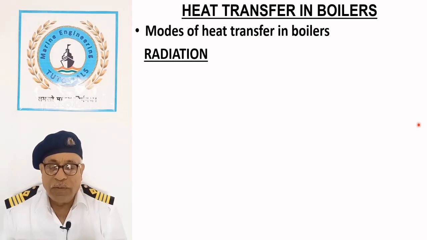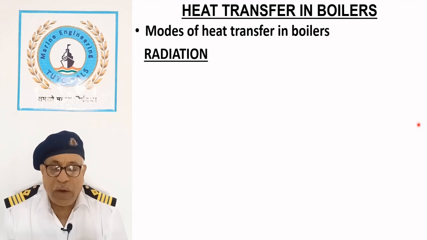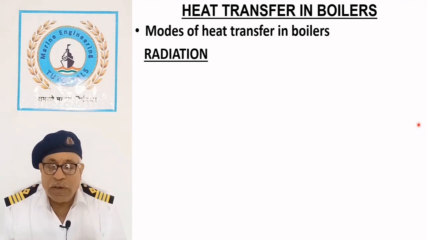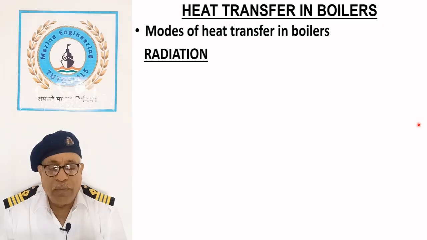In boilers, radiation heat transfer occurs from the burner flame to the furnace walls. Unlike conduction and convection, radiation does not require a medium to transfer heat and can also occur in a vacuum.